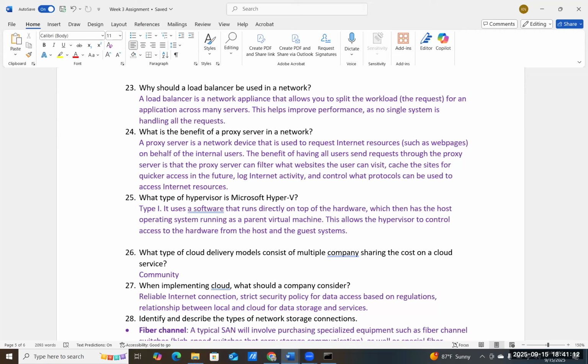And for type 1, it simply uses their software, Hyper-V, and runs directly on the hardware of the host OS of the parent virtual machine. This allows the hypervisor, the virtualized software, to control access to all hardware on the guest system.